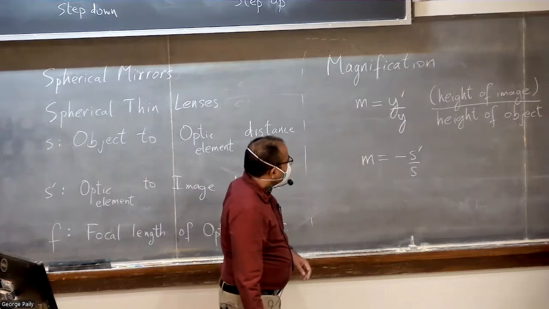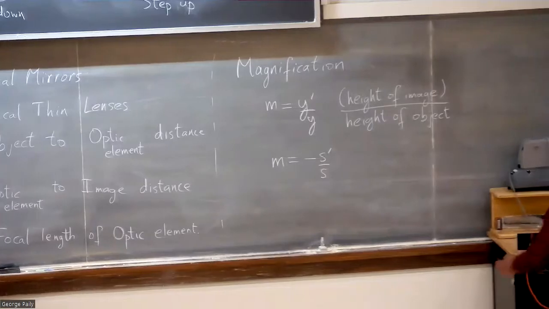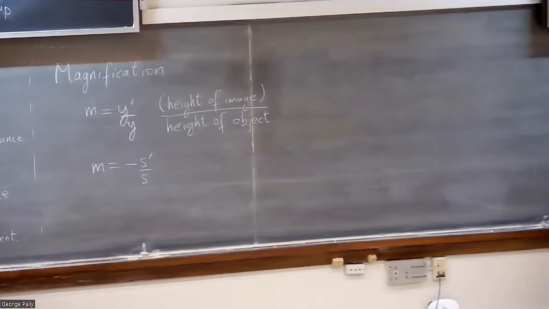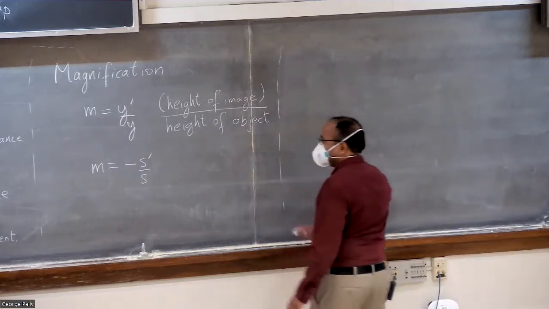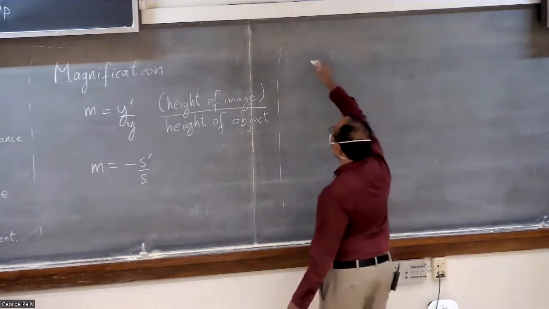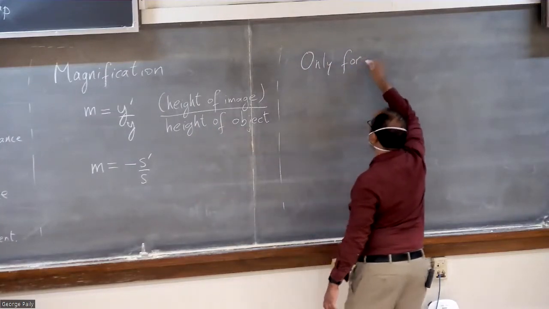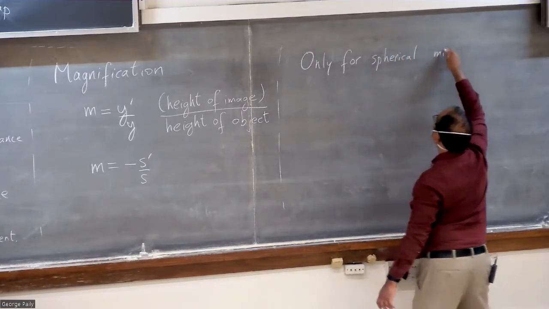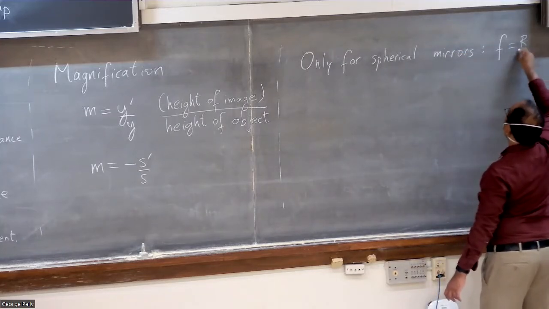So we have this. Wait a moment. Only for mirrors, so all this so far has been true for both, and then only for spherical mirrors we have F is equal to R over 2.